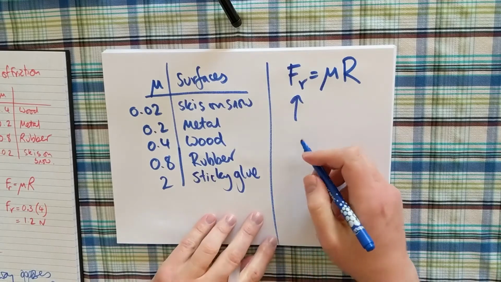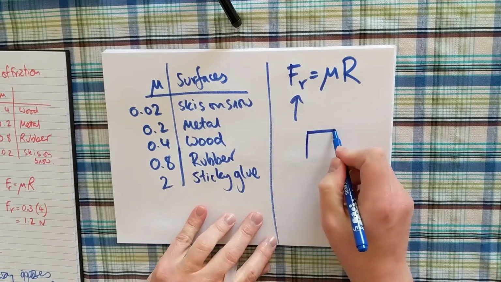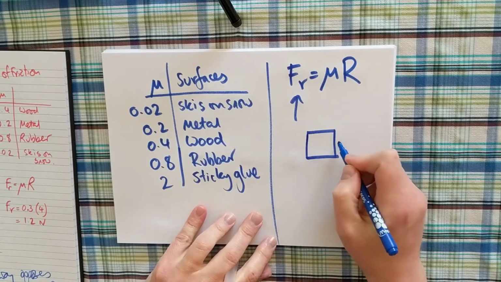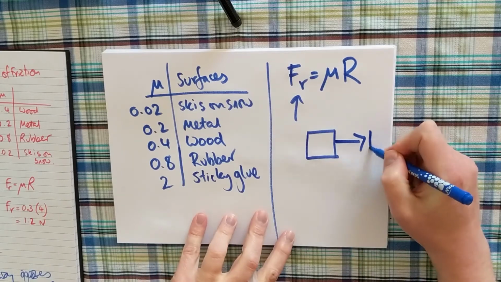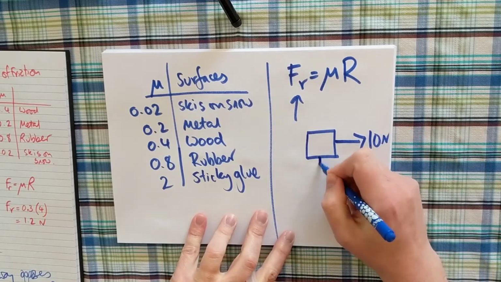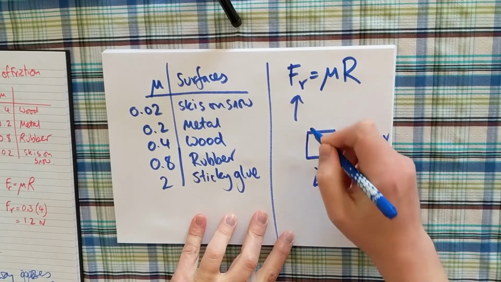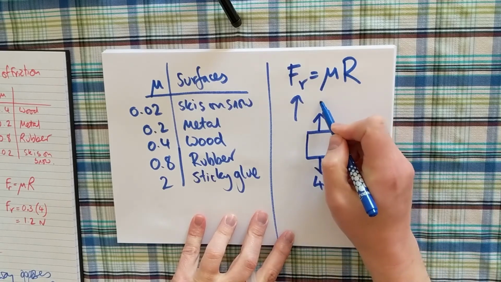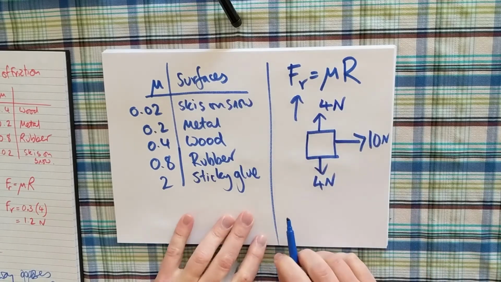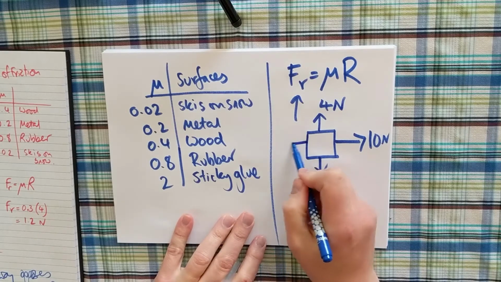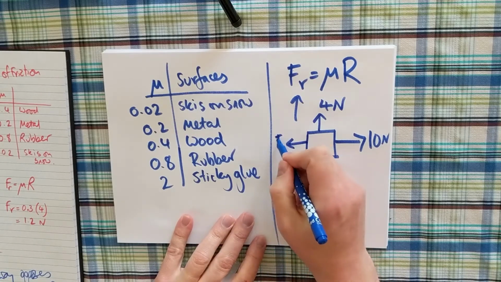So if I go back to that same example I had before, if I had a box and you were pushing it to the side with 10 newtons, and it had a weight of 4 newtons, it has a normal reaction force of 4 newtons as well, because it's not floating away, it's not going through the floor, and we have a frictional force.